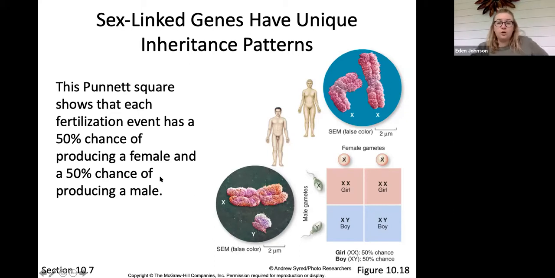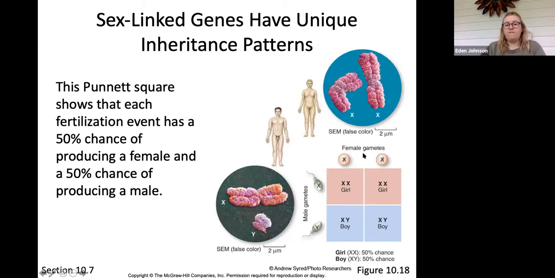Okay, every single human has to have an X chromosome because you have super important genes on your X chromosome. So if you are wondering, for instance, the likelihood of having a boy or a girl, that's going to be dictated by your sex chromosomes. It doesn't have anything to do with your autosomes at all. It just has to do with your sex chromosomes.